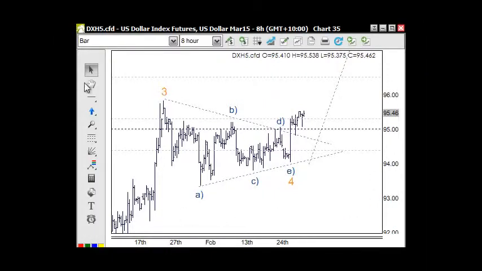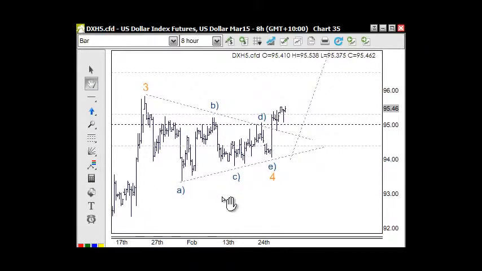I also just want to chuck a spanner in the works here and just point out that wave 4 corrections can get out of control a little bit in terms of doubling in size and getting more complicated. It is possible that wave B is actually over here and wave C over here for wave 4.